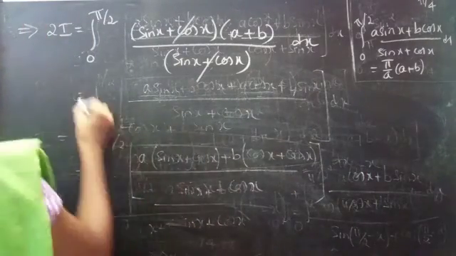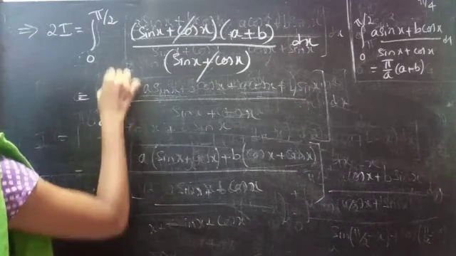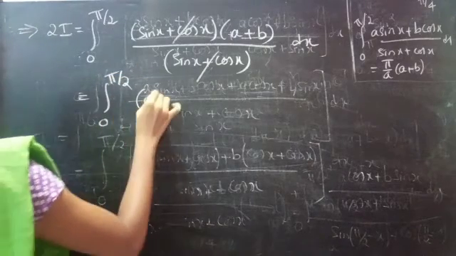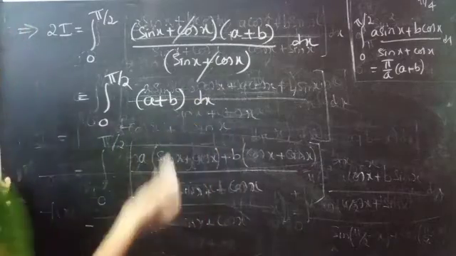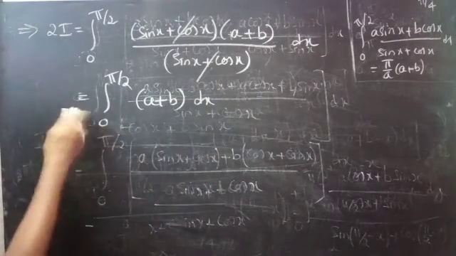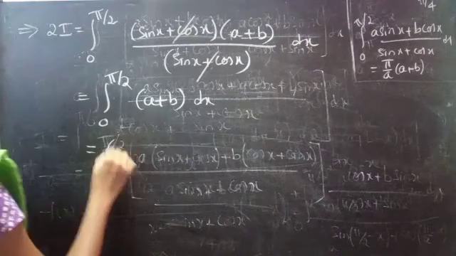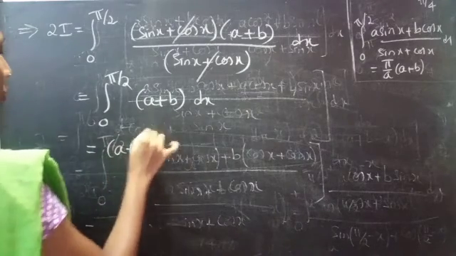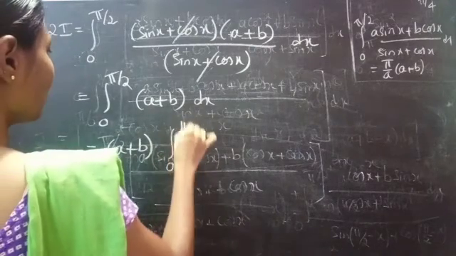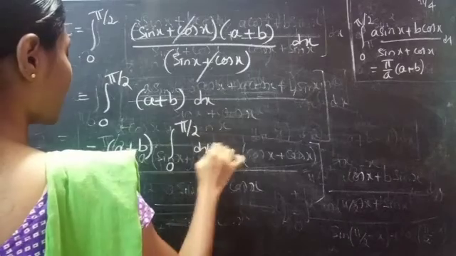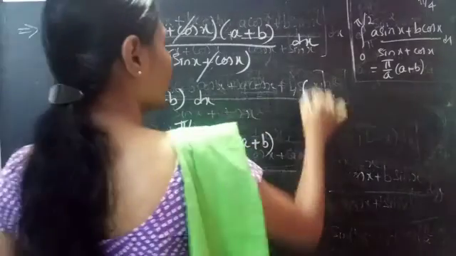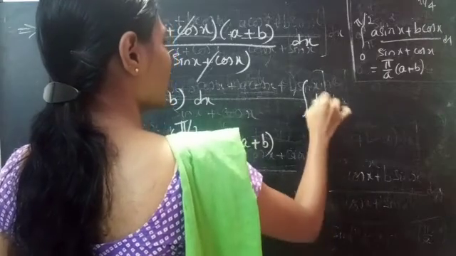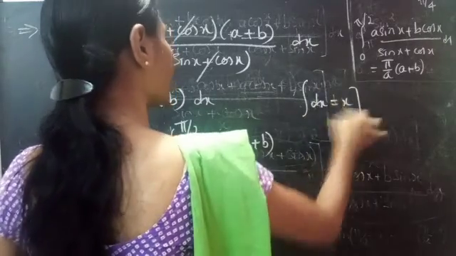So this equals integral 0 to pi by 2 of a plus b dx. Since a plus b is constant, you can take it outside the integral. So this equals a plus b into integral 0 to pi by 2 of dx.